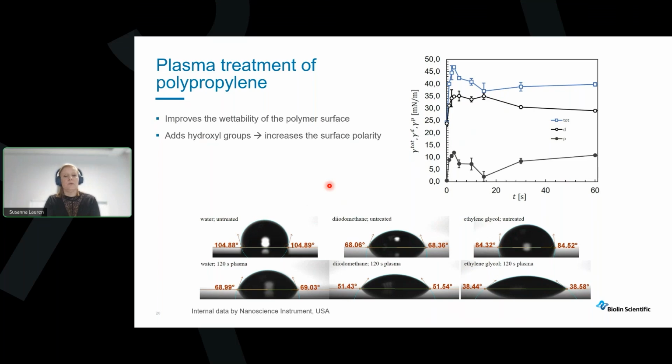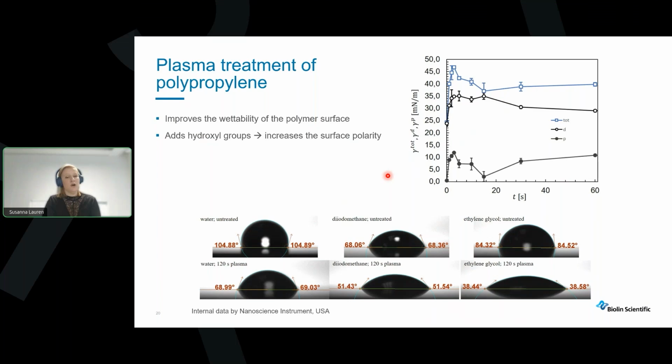But in principle, with the same contact angle measurement, you can either only measure the water contact angle, or in case you want a better understanding of the polar and dispersive interactions on your surface, then you can also extend your analysis by adding other measurement liquids.